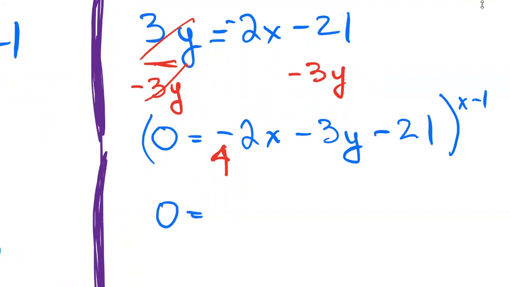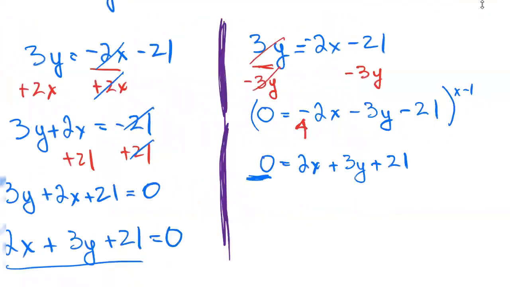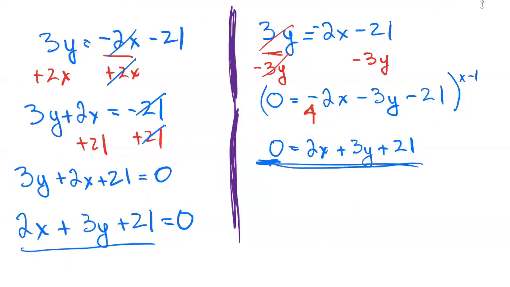Negative 2x times negative 1 would give me positive 2x. Minus 3y times negative 1 would be positive 3y. And minus 21 times negative 1 would be plus 21. So essentially, you can just simply change all of the signs. But that only works when it's equal to 0. So if it's not equal to 0, you cannot do that step yet. And then you can see that we end up at exactly the same place.